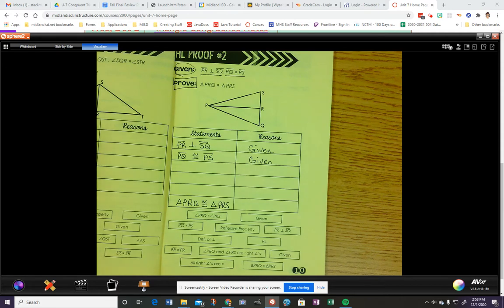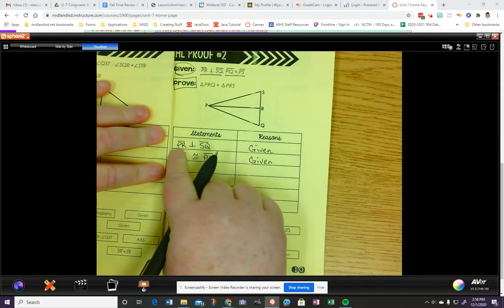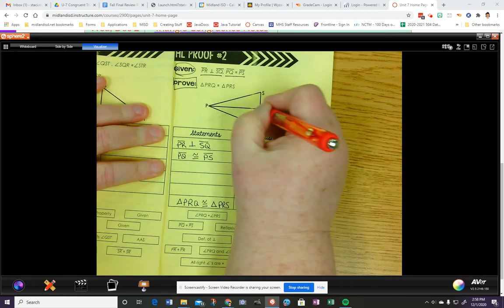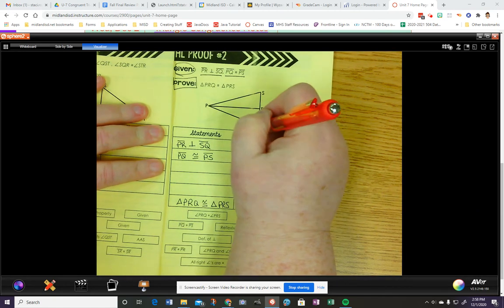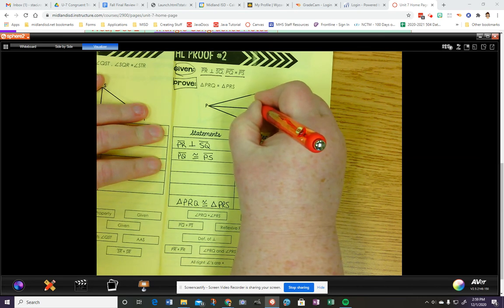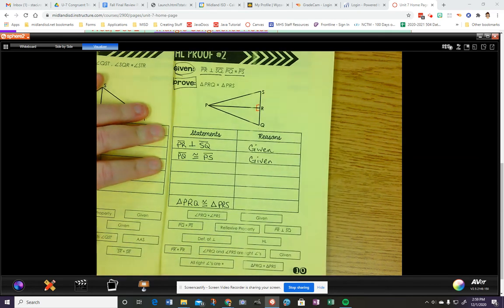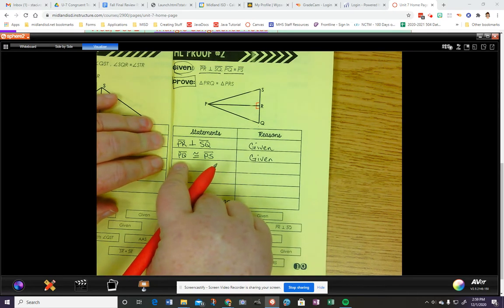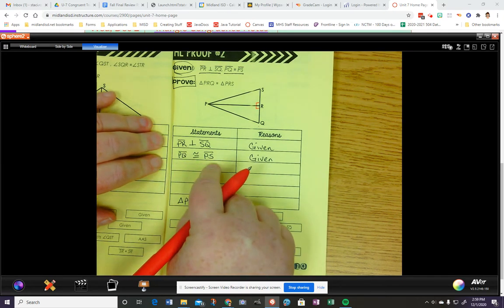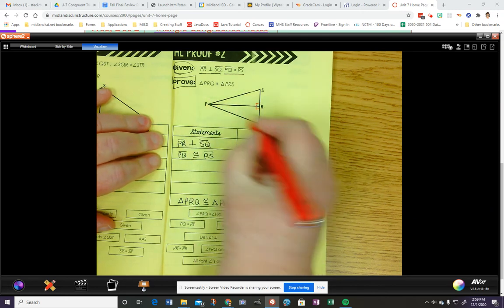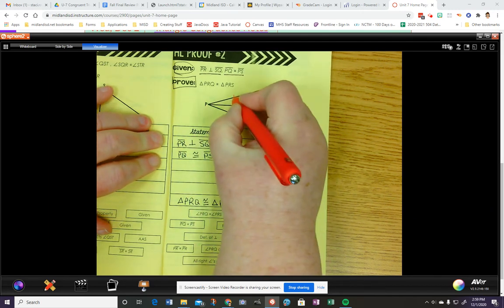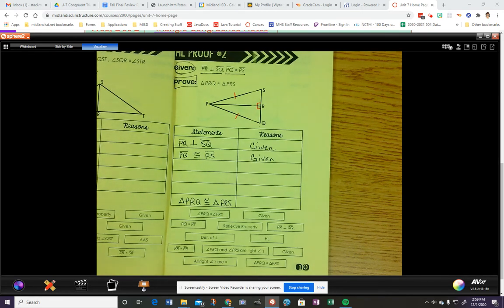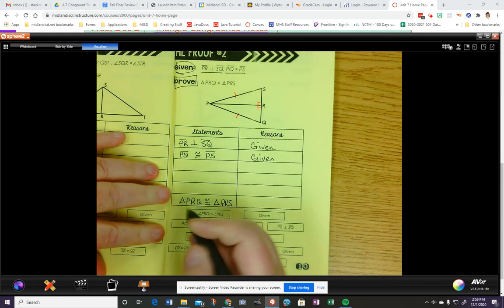Okay, so let's mark our triangles. PR is perpendicular to SQ, so that means they're there. PQ is congruent to PS, so there's those. Now let's mark off what we have down here.